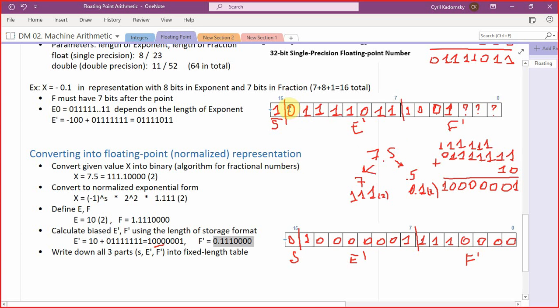Looking at the first bit of exponent, here it is 0, here it is 1. Where the first bit of exponent is 0, we were dealing with the negative exponent. Where the first bit is 1, we are dealing with the positive exponent. This is because of the bias we have added.